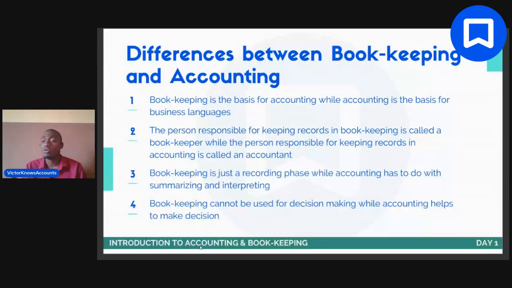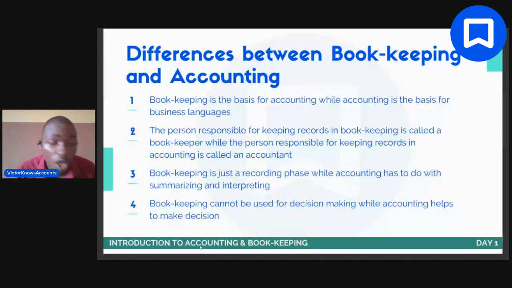Now, you cannot make a decision from just records. For example, somebody gives you a record of a business and says, bought goods for 50,000 naira, sold for 75,000 naira, bought assets for so-and-so. At the end of the day, you just read it and you'll be like, all right. You cannot make any reasonable decision from records of transactions.